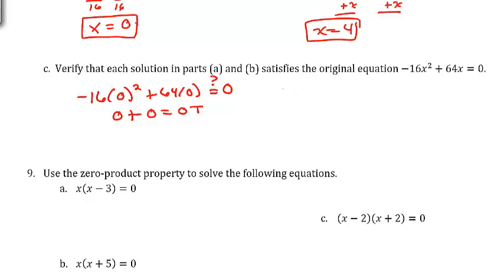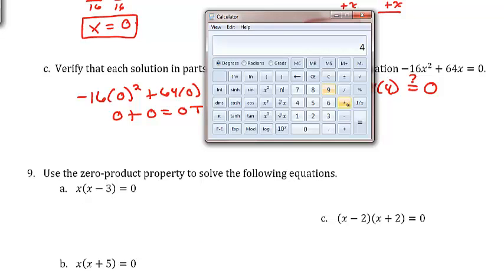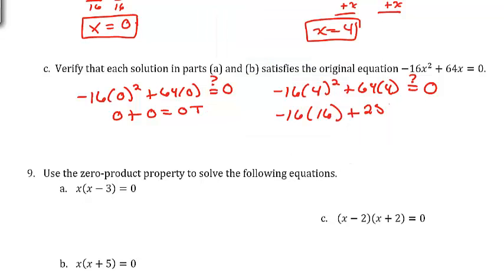And what about 4? So we have negative 16 times 4 squared plus 64 times 4. We want to know, is that equal to 0? And 4 squared is 16, so we have negative 16 times 16, and 64 times 4 gives us 256.